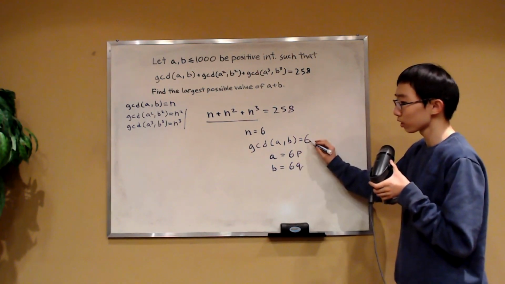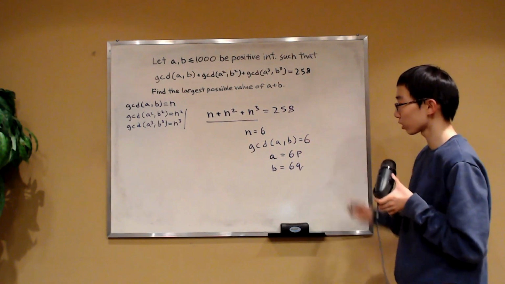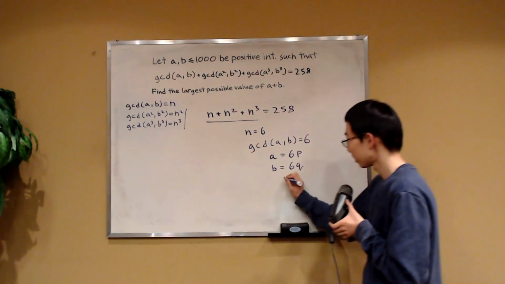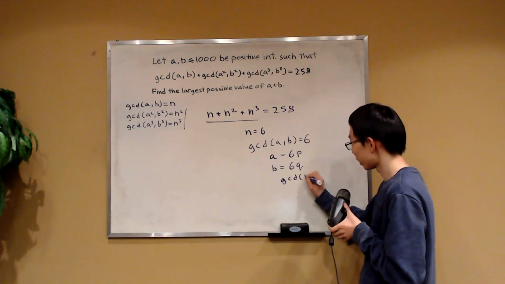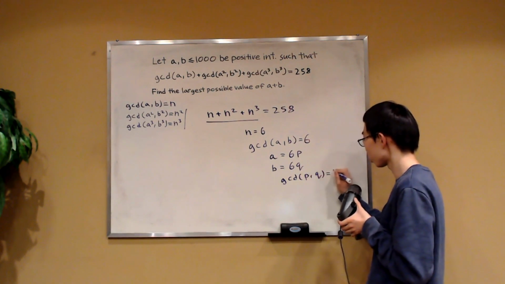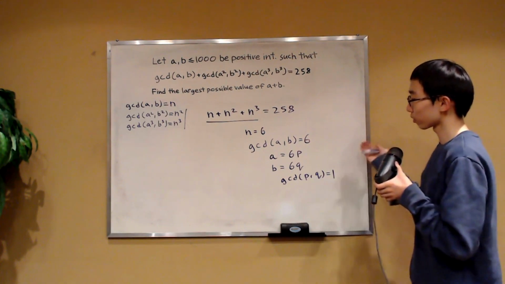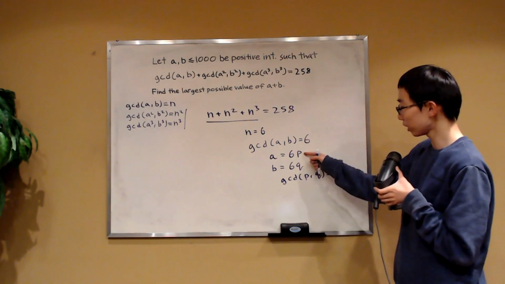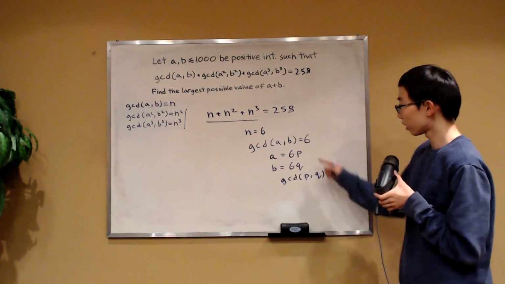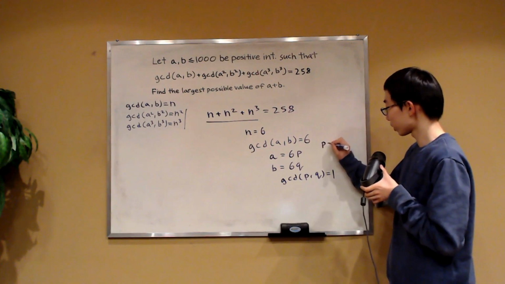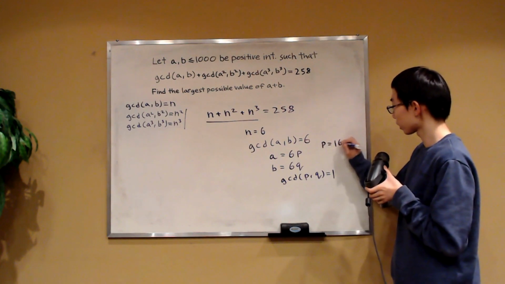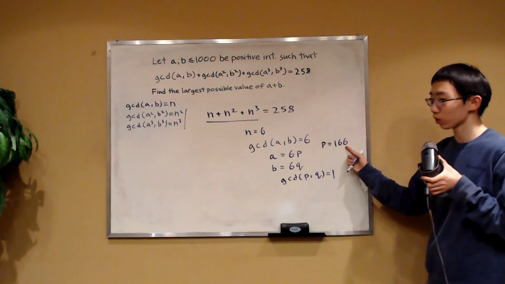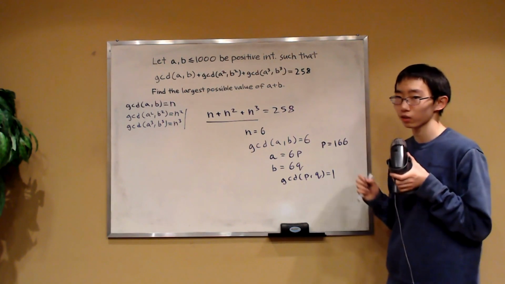But because 6 is the greatest common divisor, then this would mean that GCD of p and q must be equal to 1. Now, remember, they cannot exceed 1000. So therefore, for p, in order to maximize a, then we can take p to be 166. Anything larger than 166 would exceed 1000.